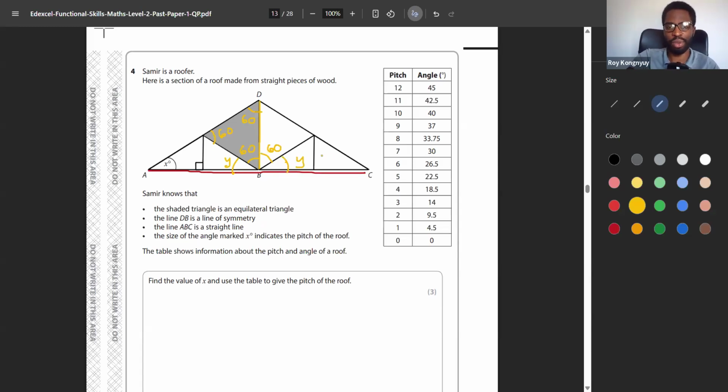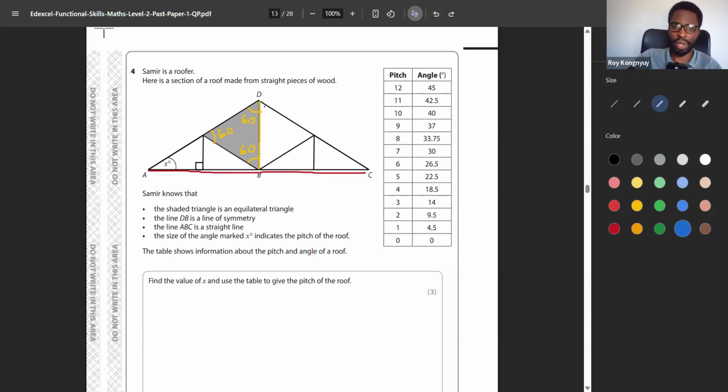If you remember, if you don't, you can always go watch the previous video on YouTube. But that's how I approach this, step by step. And it almost seems like this is what they want you to do because they tell us that DB is a line of symmetry. So it almost seems like that is what they're encouraging you to do. To notice that this angle here is also equal to 60, and whatever this angle is also equal to this angle here. But you can ignore all of that.